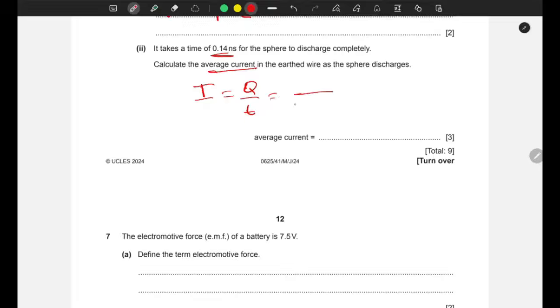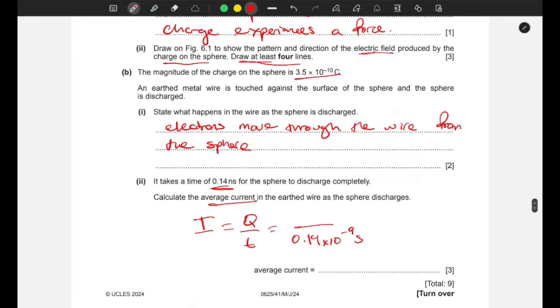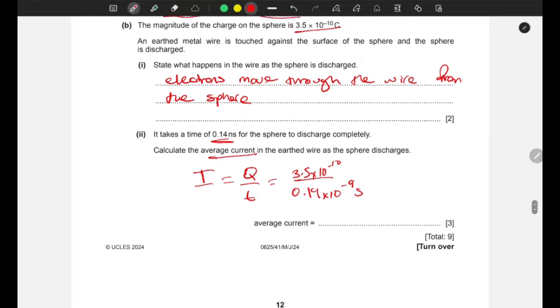So 0.14 nanoseconds. We have to change that into seconds. So nano means times 10 to the power of minus 9 seconds. And our Q is 3.5 times 10 to the power of minus 10.